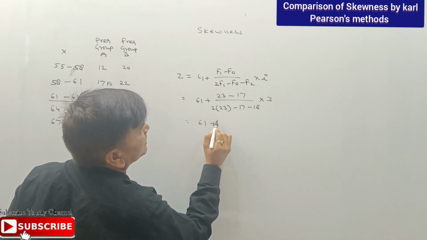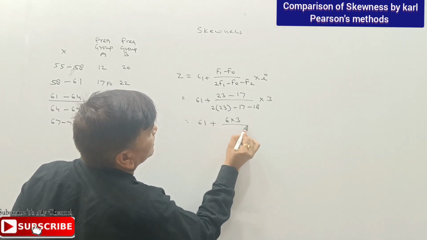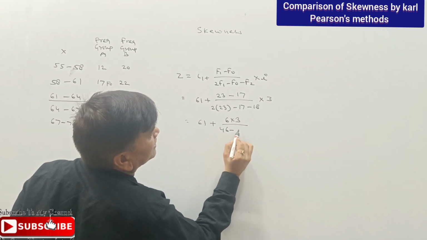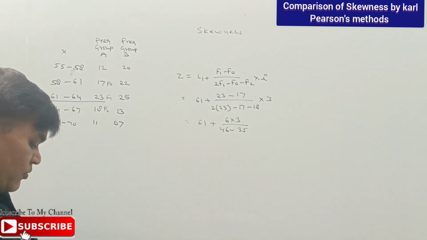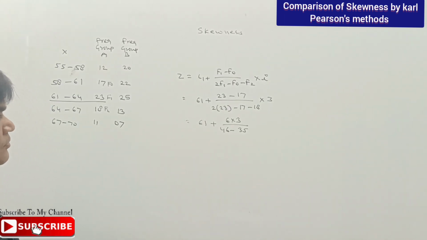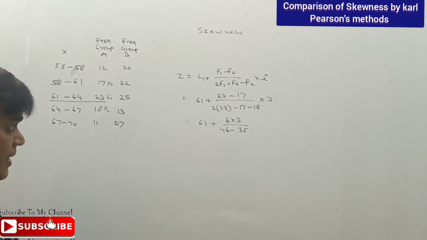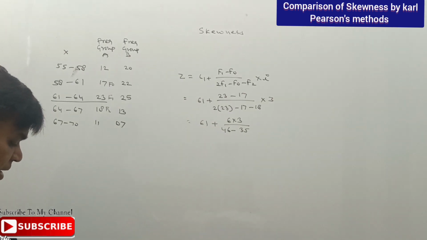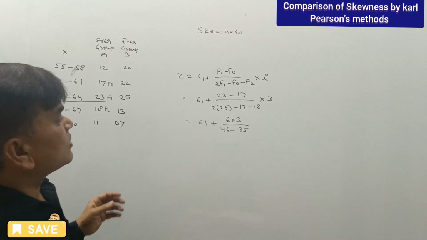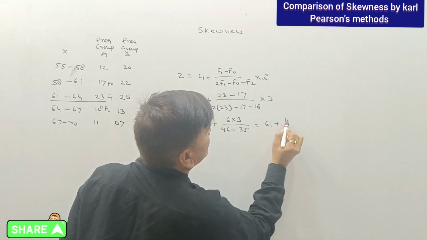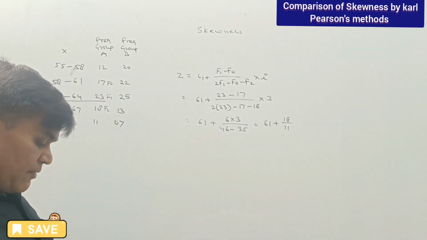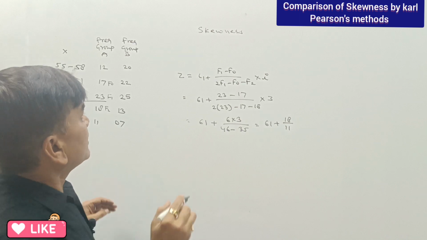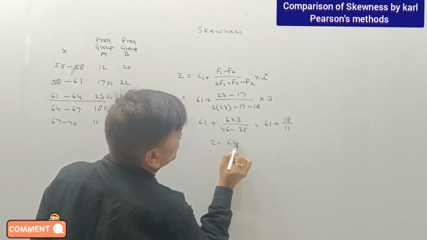That is 61 plus 6 times 3 upon 46 minus 35. 23 minus 17 is 6, and 2 times 23 minus 17 minus 18 is 11. So that is 61 plus 18 upon 11, which is 62.63. So the value of Z is 62.63.